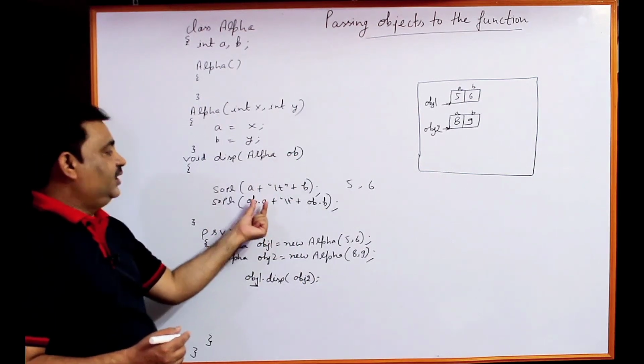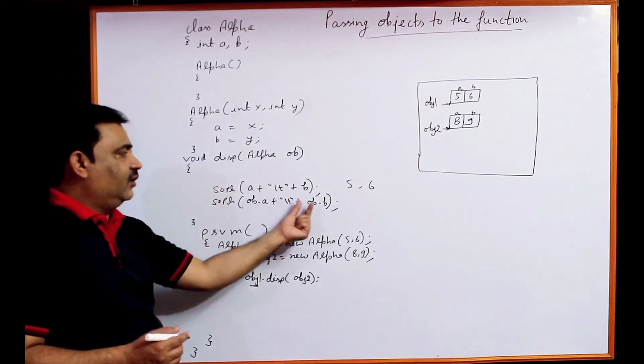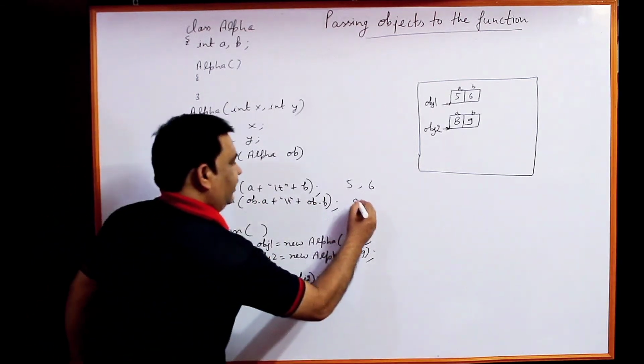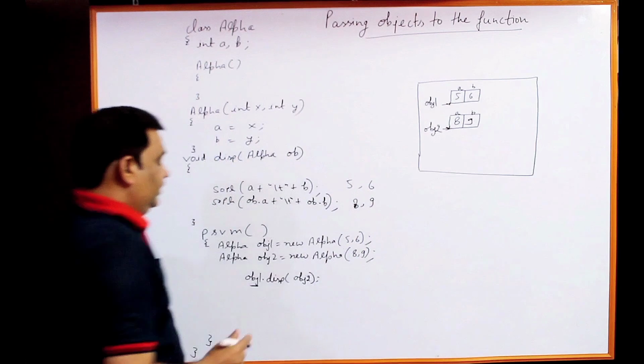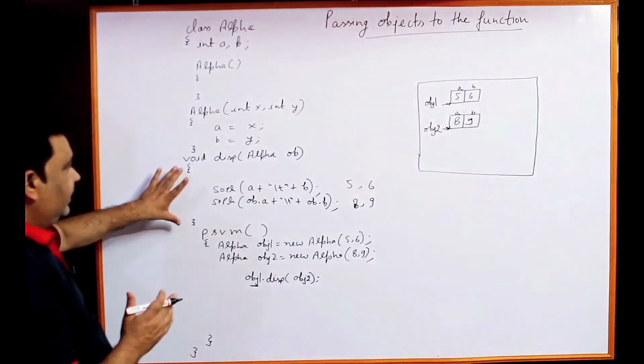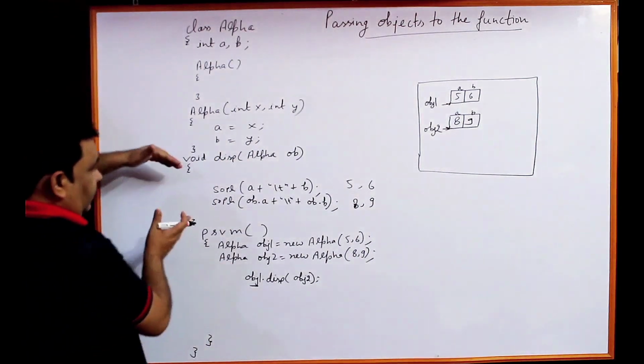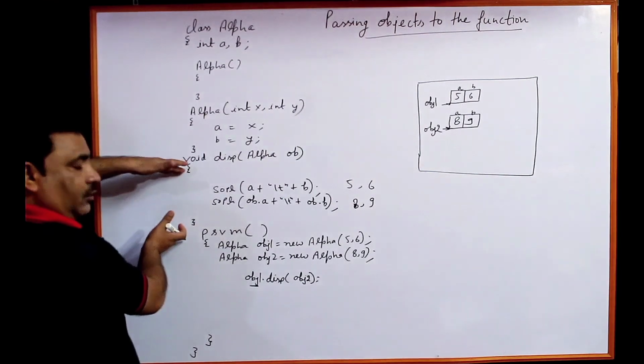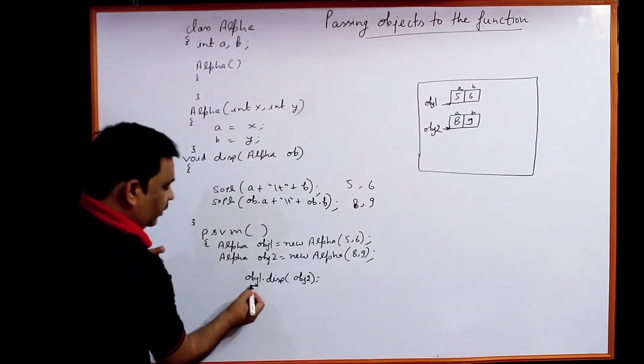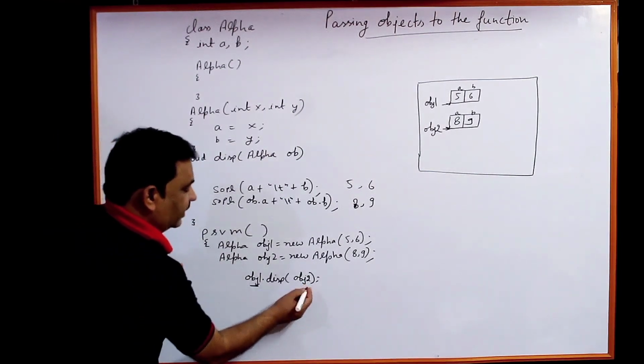So the values of OB dot A and OB dot B will be 8 and 9. This way we can get the values of both the objects in this function, one by calling the function, another by passing as a parameter.